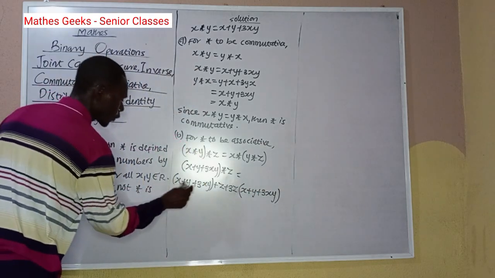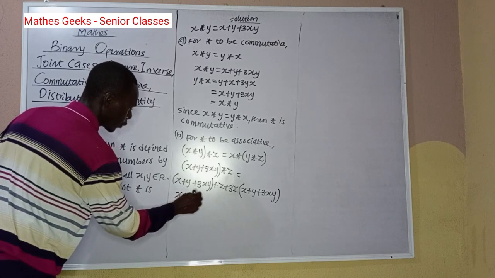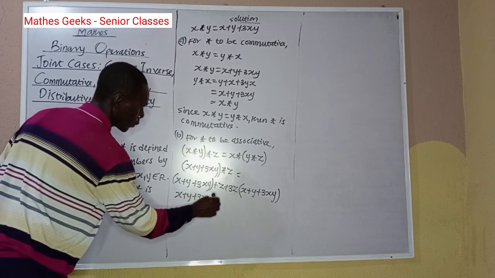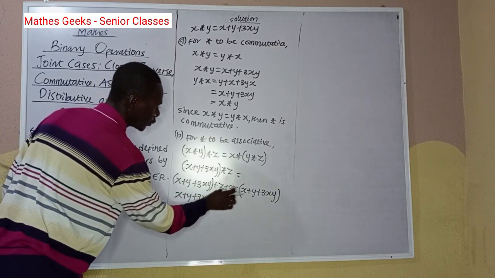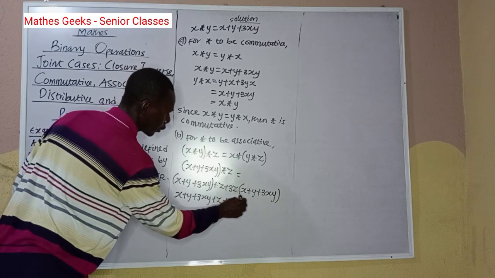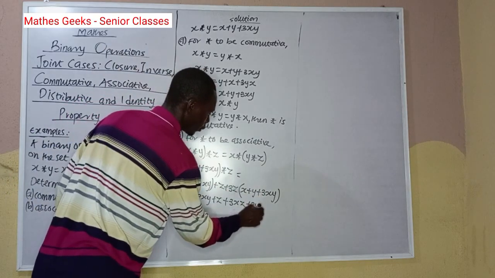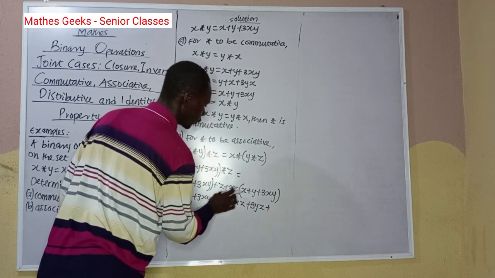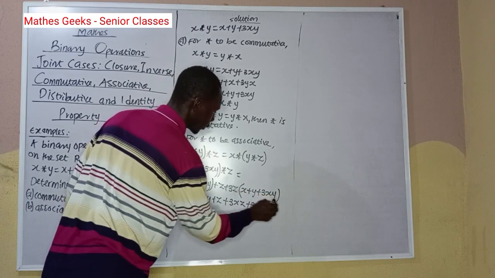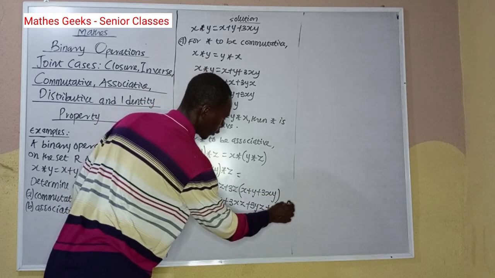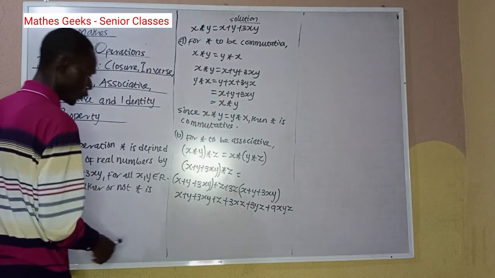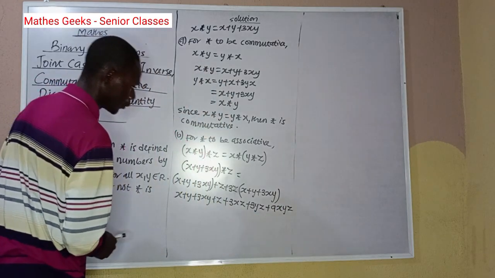Let's open. Now x plus y plus 3xy plus z plus 3z times x, that's 3xz, plus 3z times y, that's 3yz, plus 3z times 3xy, that's 9xyz.